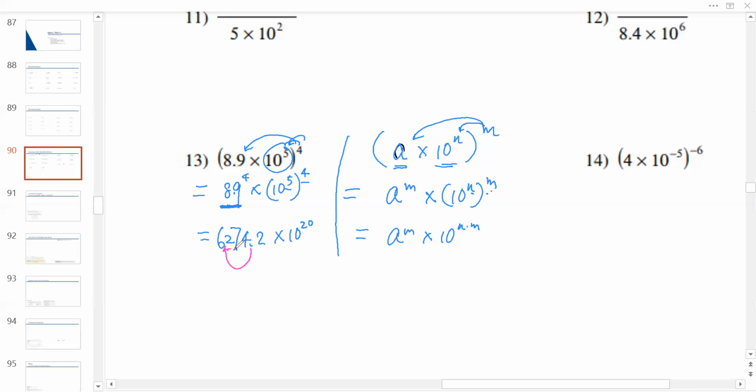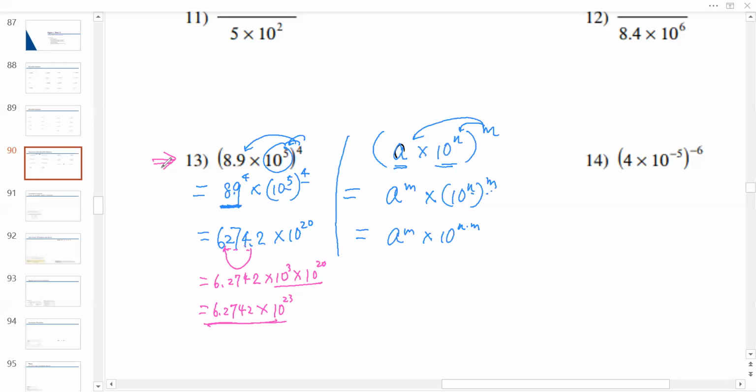We move 3 digits, so it became 6.2742 times 1,000, so power 3. So we combine the exponents: 3 plus 20, and you get this number.